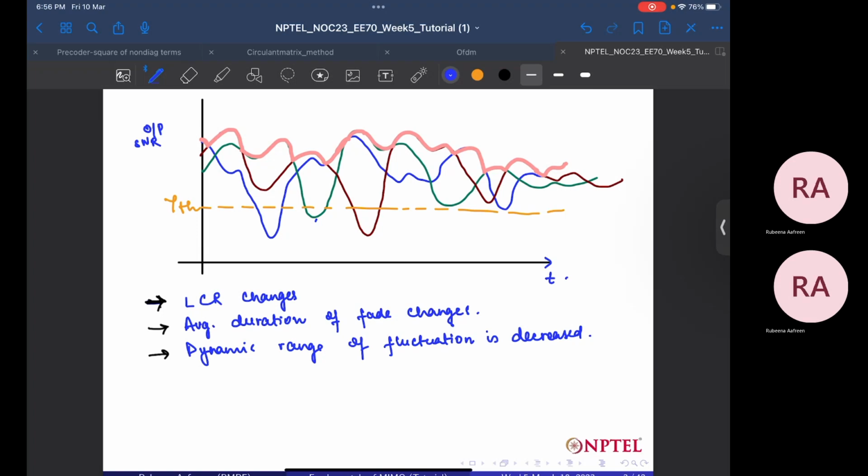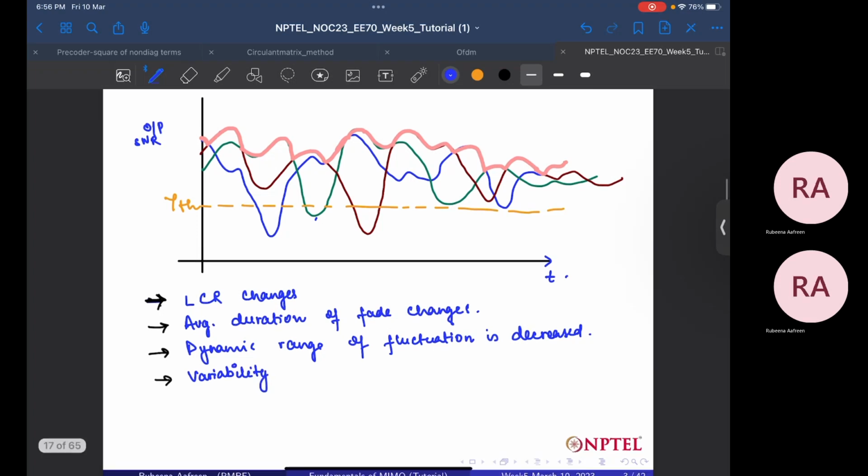What this means is that the variability of the signal is less, right? Because now it is not varying too much.